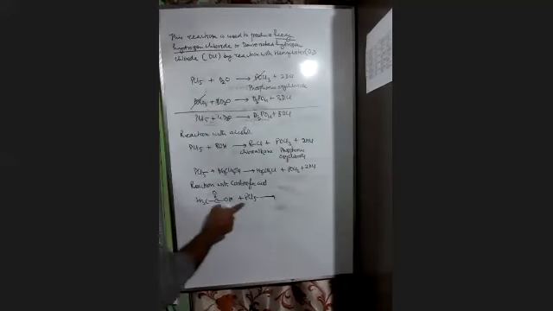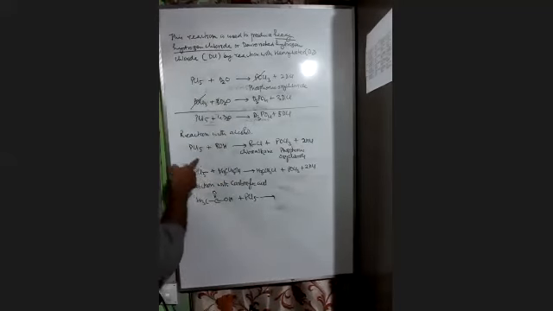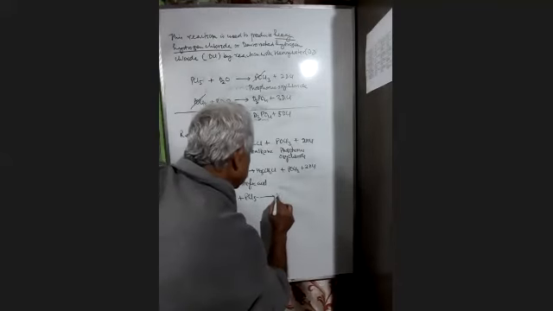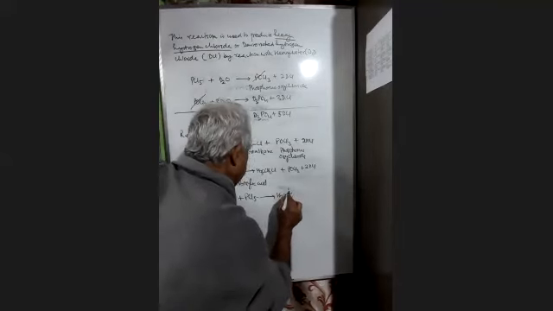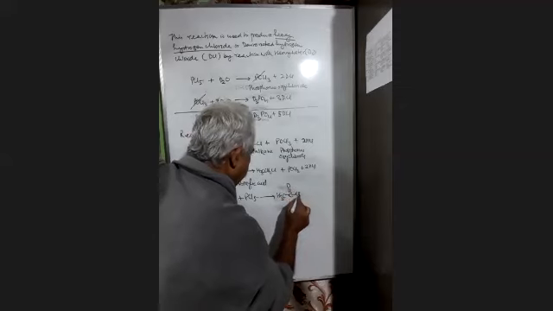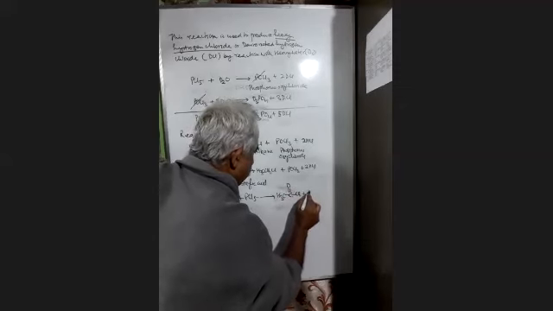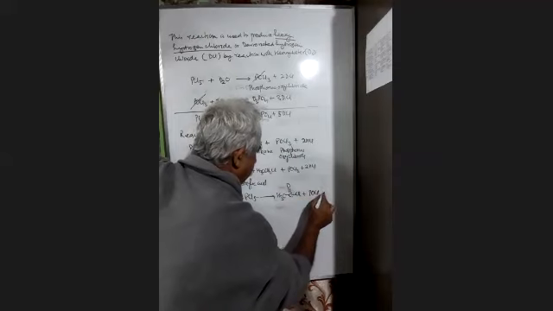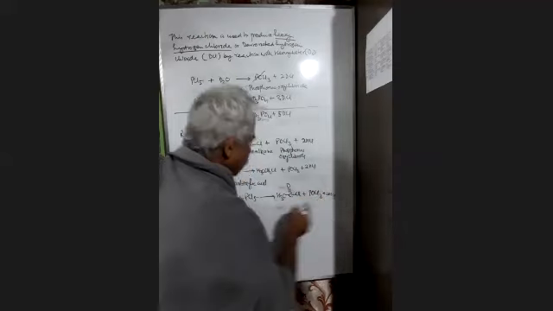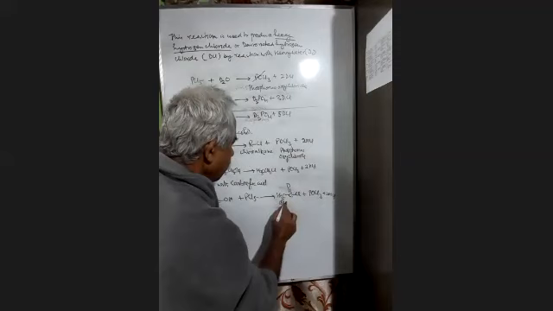See, 1:1. And in case of PCl3, 1:3. So here you get, let's see.